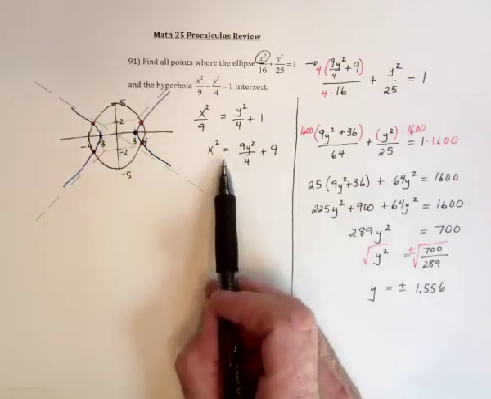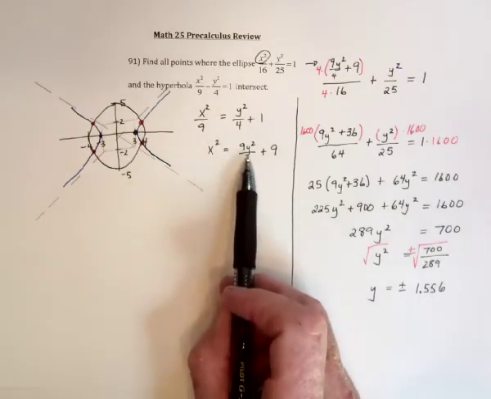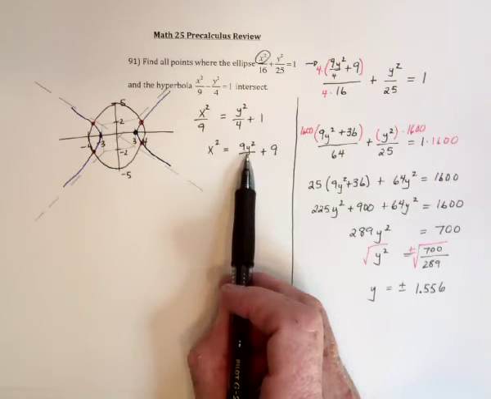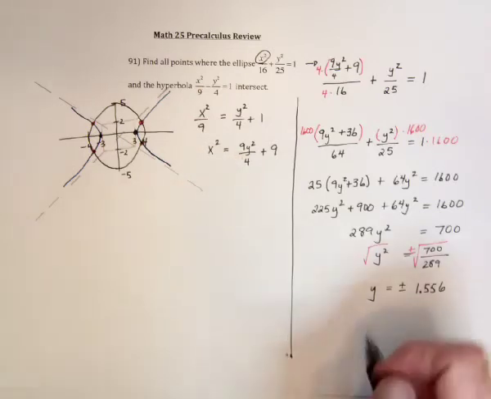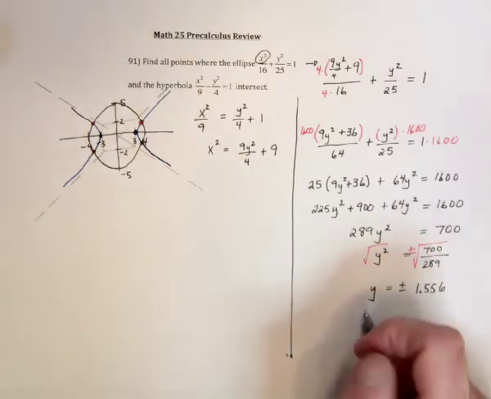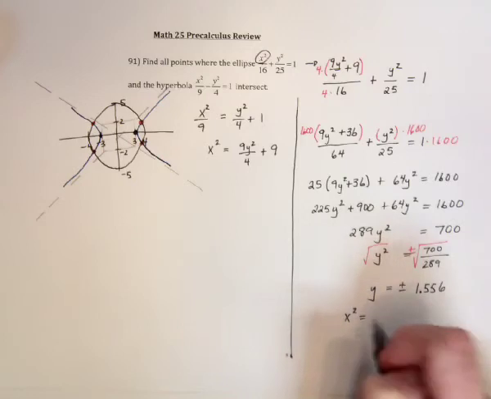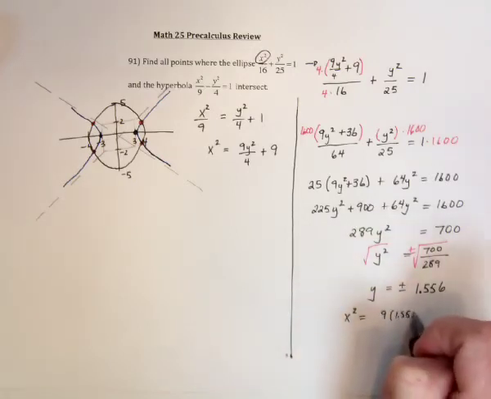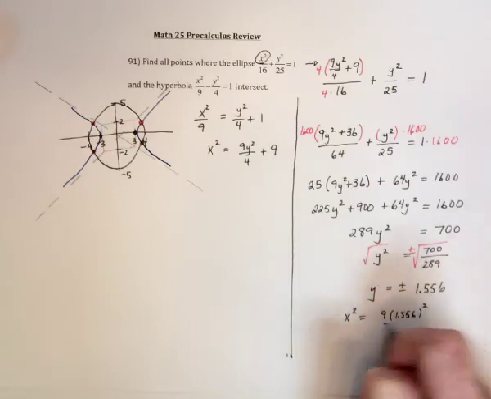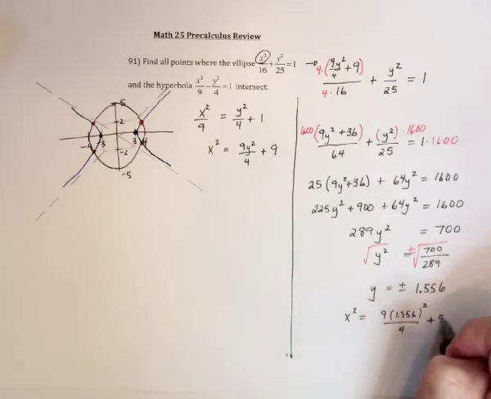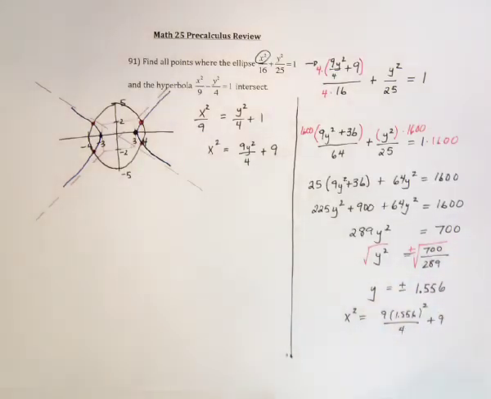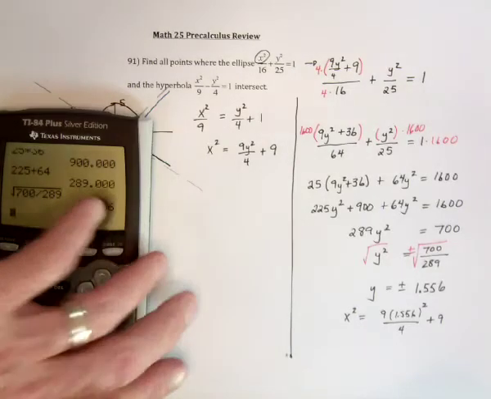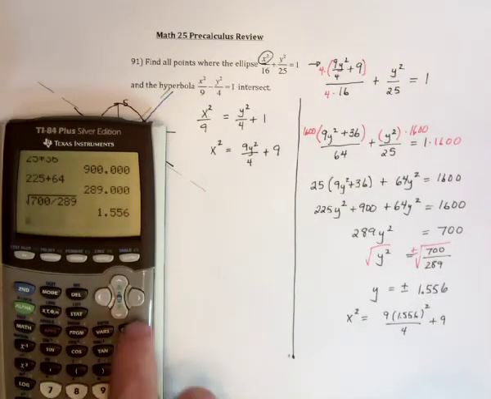Then we need to find out x. So we need to take that number and substitute it in here. It doesn't really matter if you put the plus or the minus because it's going to be squared anyway. So we've got x squared is equal to 9, and then the 1.556 is squared over 4 plus 9. And then we would need to take the square root of all of that in order to solve for x.